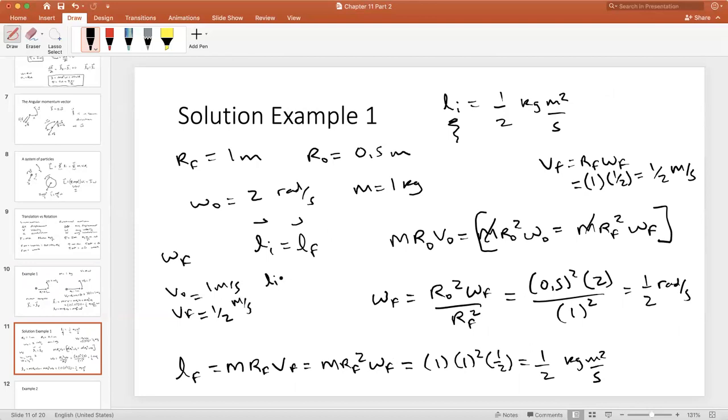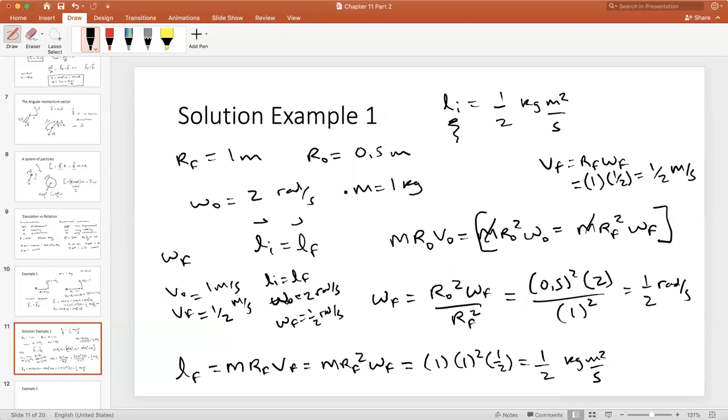L initial was simply L final. They were both 1/2 kilogram meter squared per second, and omega initial versus omega final was 2 rad per second and 1/2 rad per second.